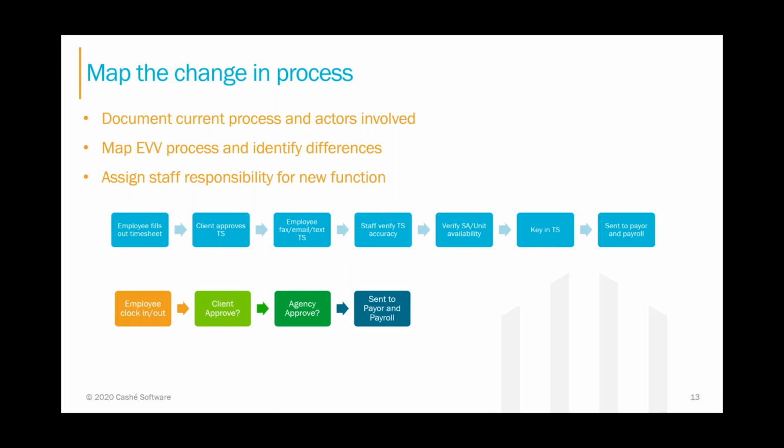If the agency decides not to approve it and rejects the timesheet, it goes back to the employee as a draft and then gets reworked and sent back. Those are things that happen, but knowing what your process is and how it is going to be affected, who the participants are internally within your agency and what their roles are, which might change, makes mapping it out make a lot of sense.